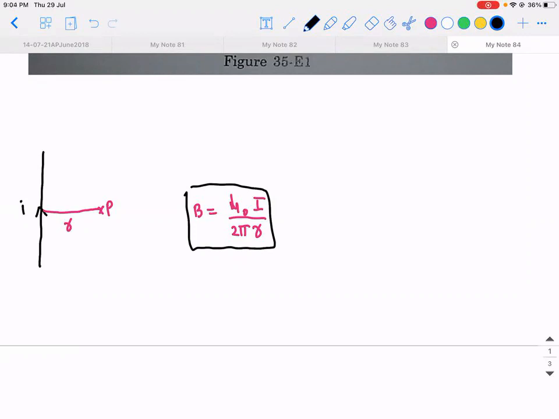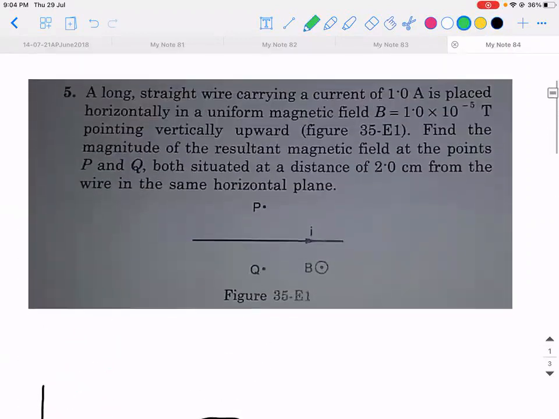In that case, the curl of the fingers will point in the direction of the magnetic field. So these two aspects will help us to solve this question.